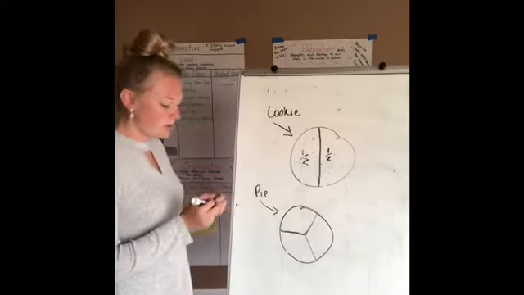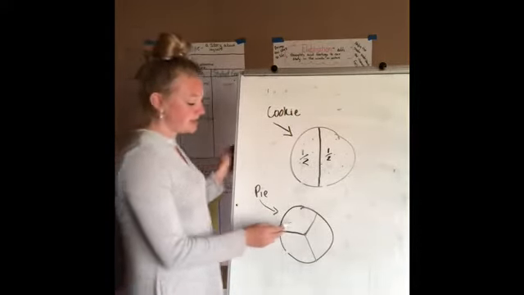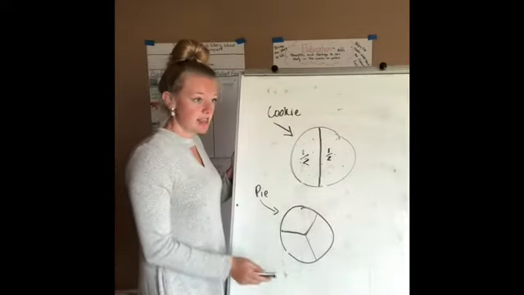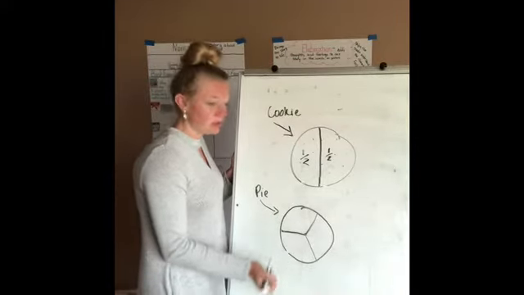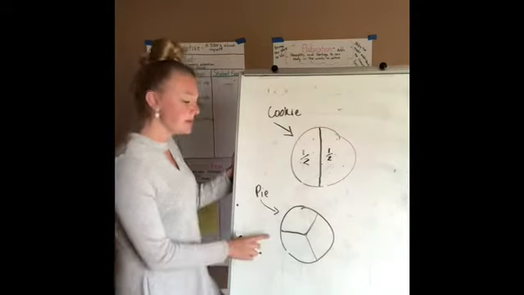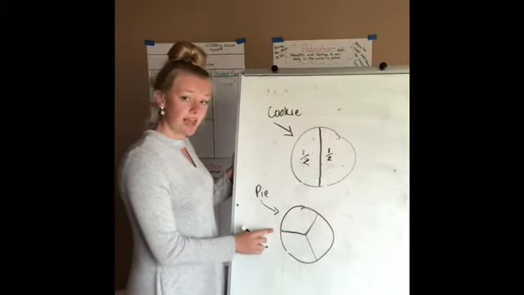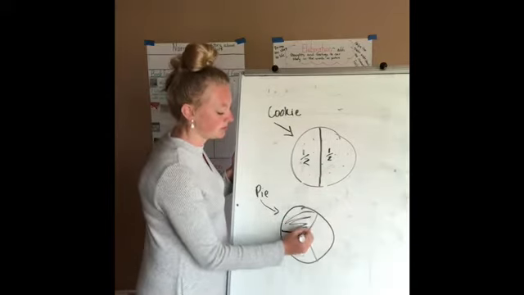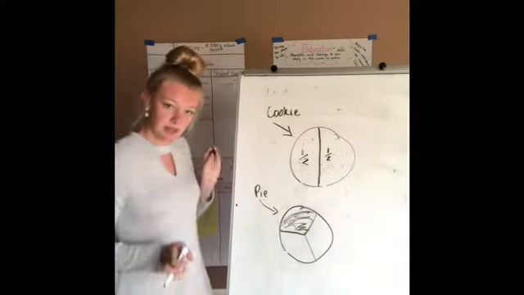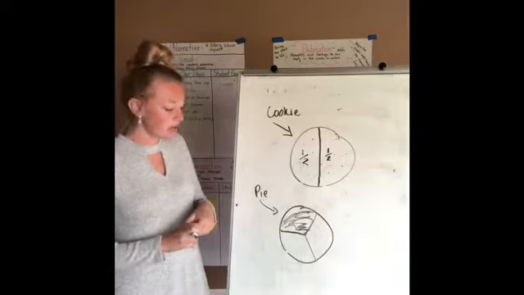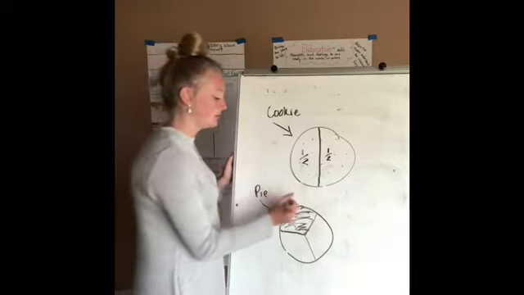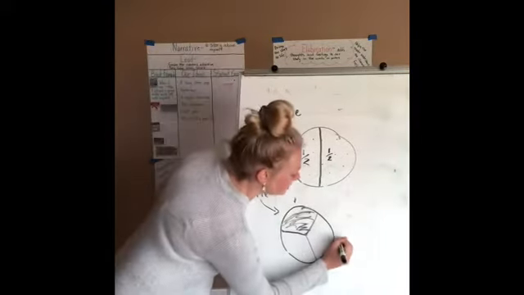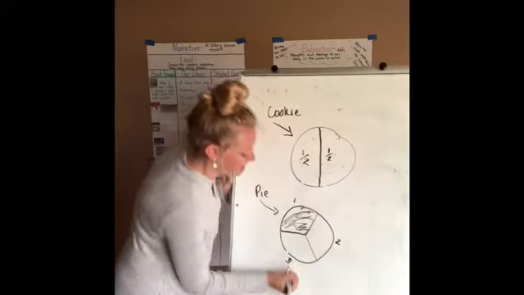Okay, so if I get one slice of this pie, and then Emily gets one slice and Bill gets one slice, how much of the pie do I get? So if I get this piece right here, how much of the pie? Well, let's look at how many pieces we divided it into. 1, 2, 3.